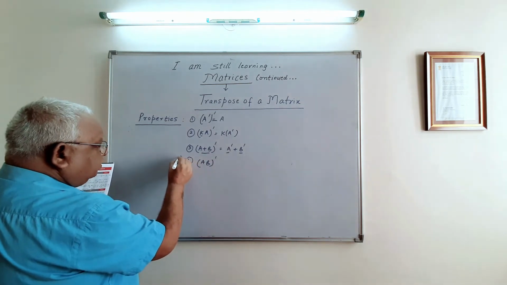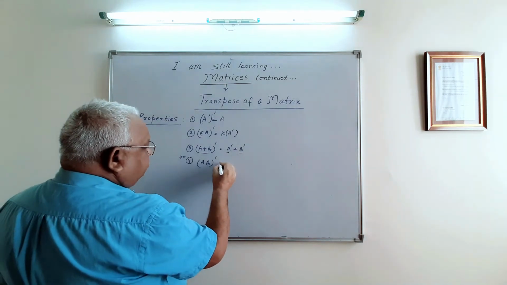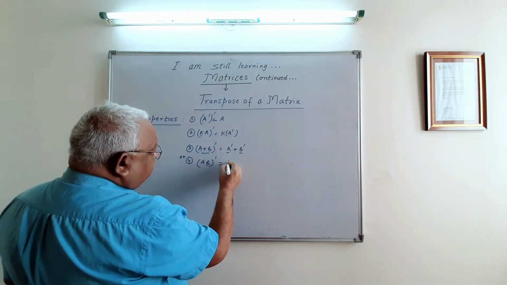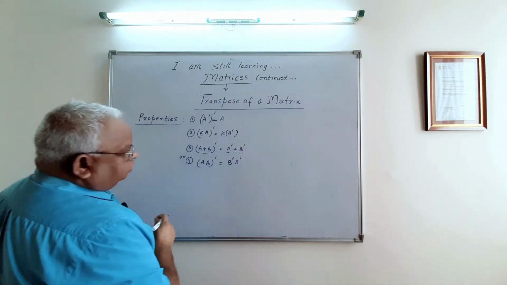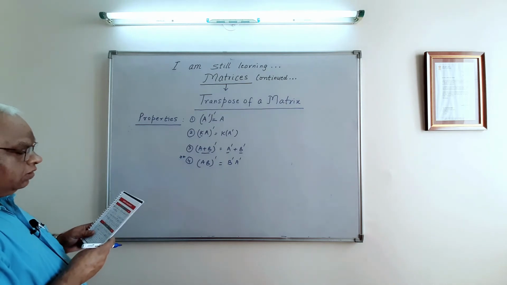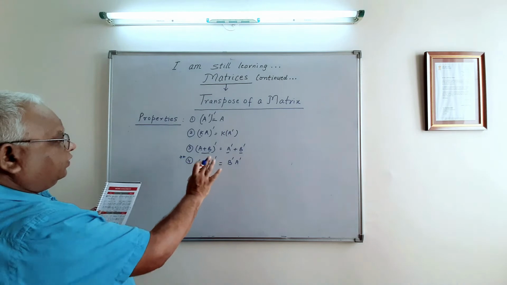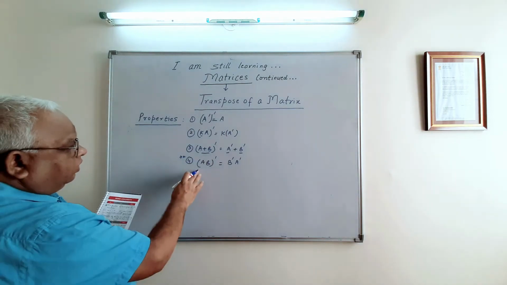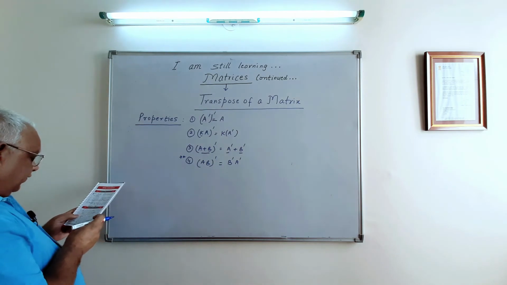This is one of the important properties which will help you later on in solving the multiplication concept in the later part of matrices. So these are the 4 basic properties applicable on the transpose of a matrix.